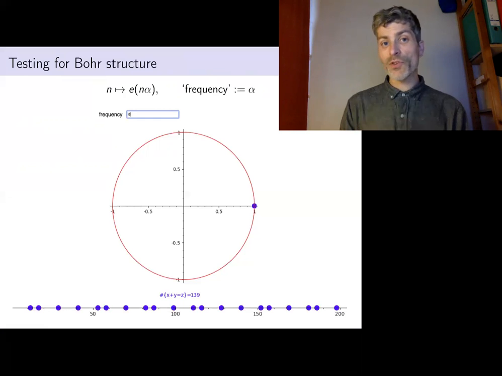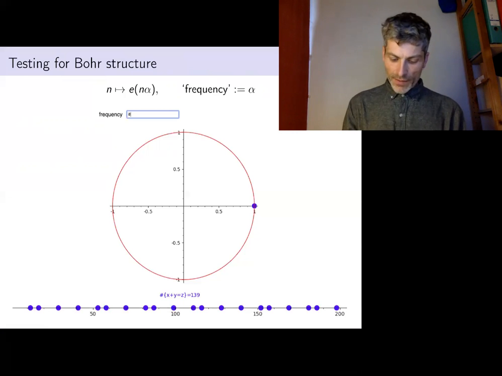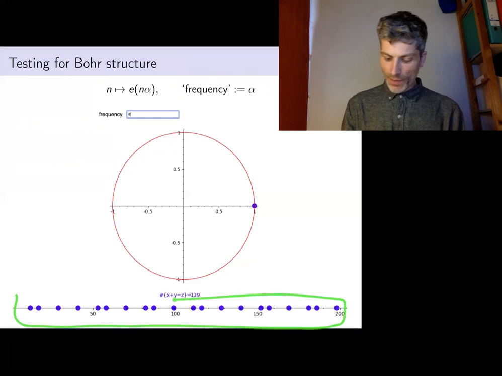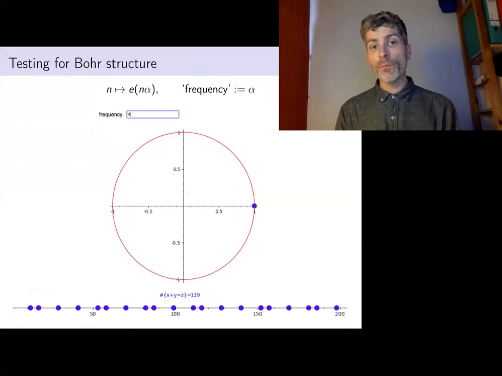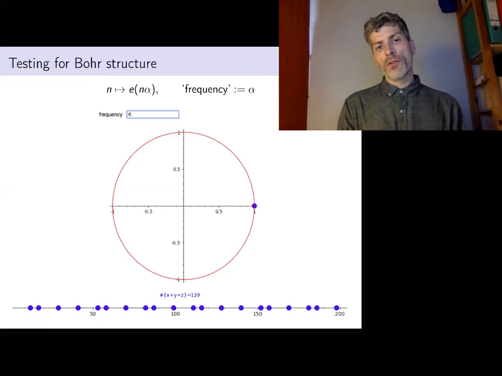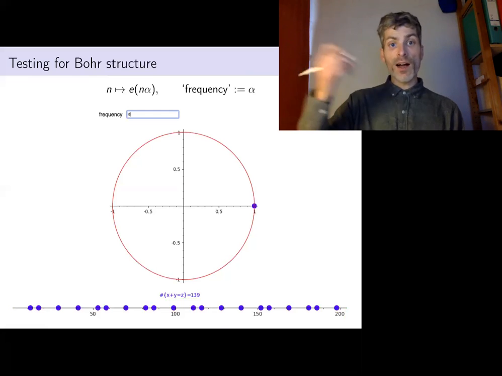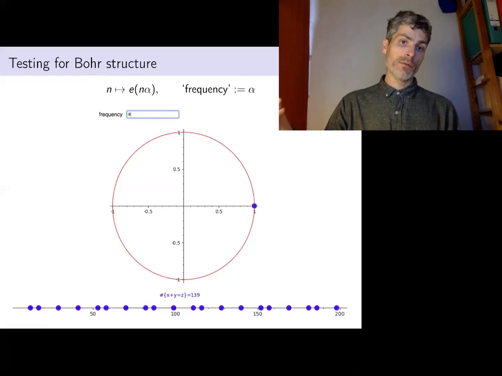So we said Bohr structure is what you get when you take an arc and pull back under a homomorphism. So if we're given a set of integers and we want to see whether it looks like a Bohr set, one thing we could do, or a Bohr translate, is embed it in the unit circle, try all different homomorphisms, i.e. try all different frequencies for our embedding. And if we ever get an arc, we know we've got a Bohr translate.